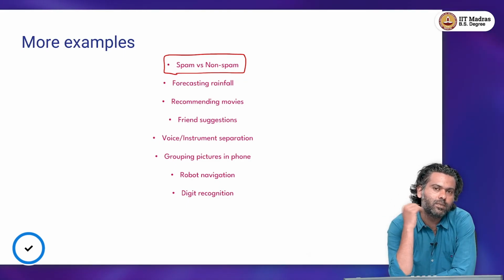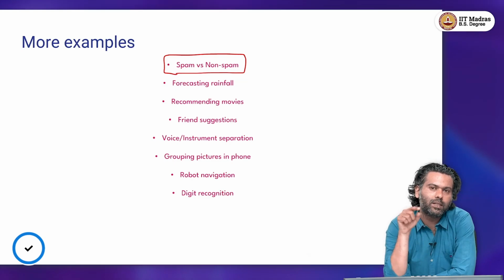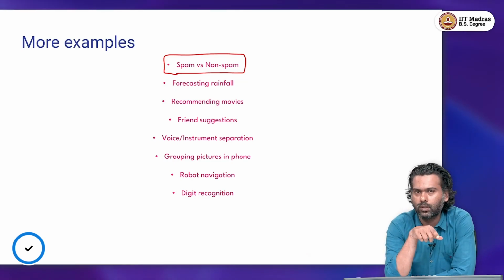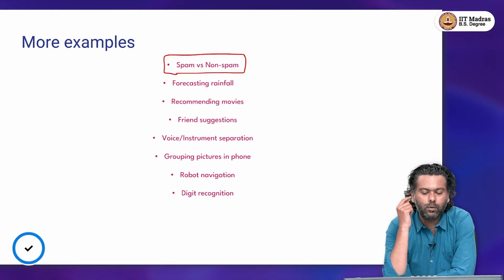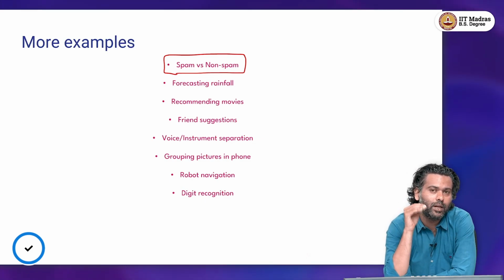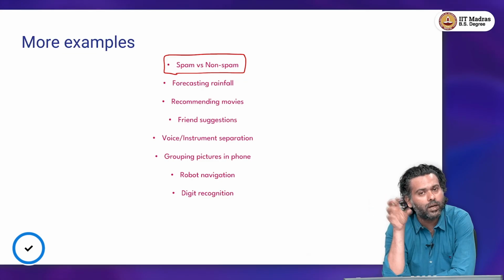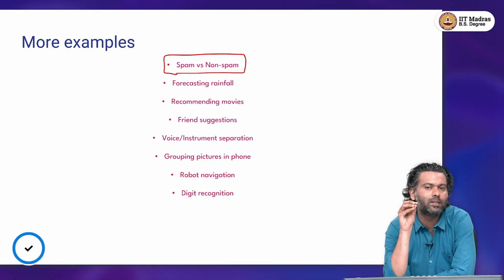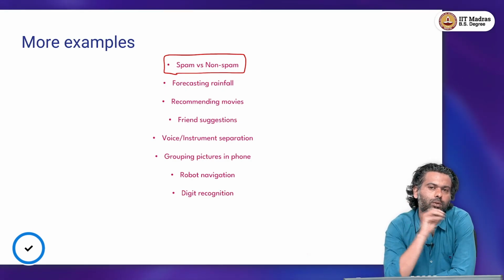Typically, when an email comes, there is a filtering that automatically happens, and that puts some emails into the spam folder and some emails in the regular inbox. Which means that this is also a prediction, a decision I need to make by looking at a lot of data. So, some spam classifier is sitting inside your Gmail, which looks at every email and figures out whether this email should go into the spam folder or your inbox.